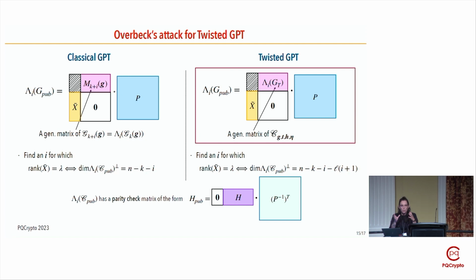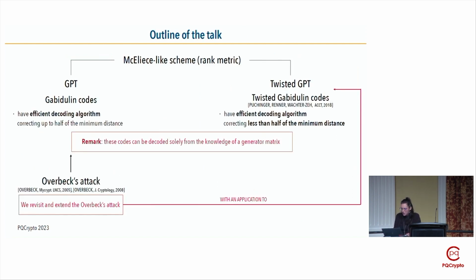In particular we can apply the attack if we find an I for which this rank is equal to lambda, exactly in the same way as before. We also extend Overbeck's attack to the case in which the yellow matrix, the matrix of the X tilde, has a rank smaller than lambda.